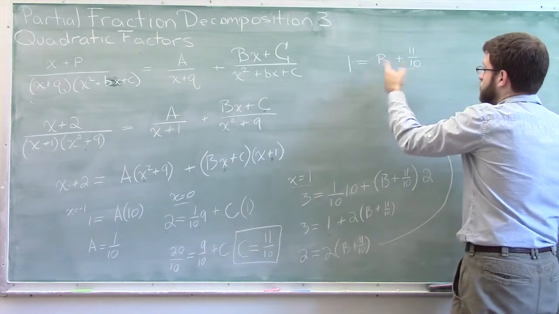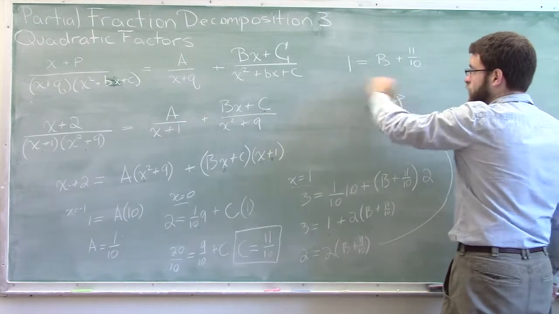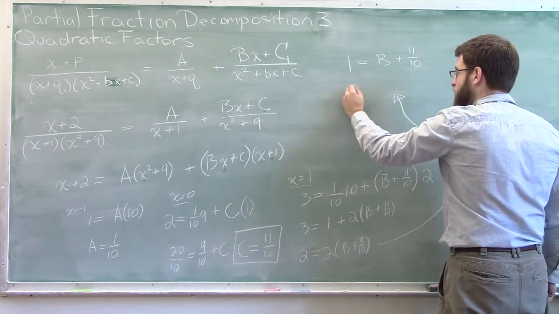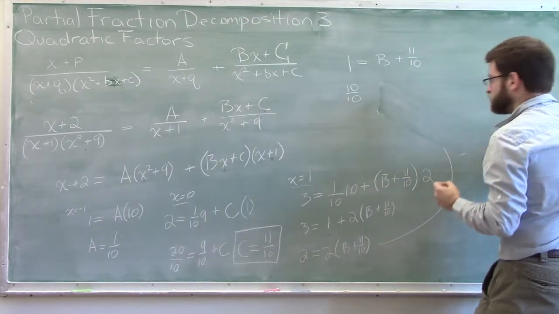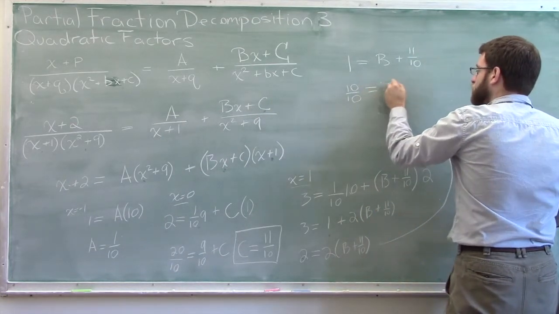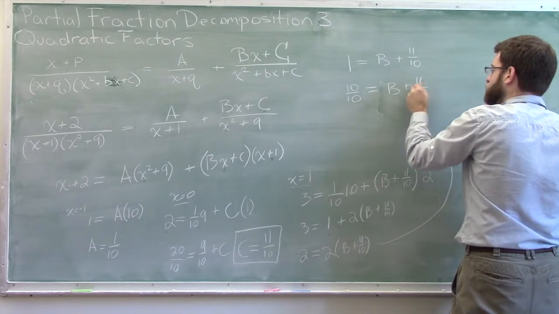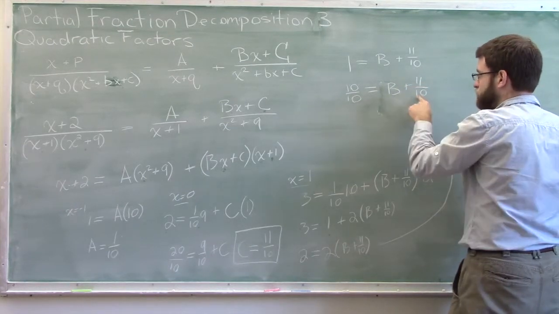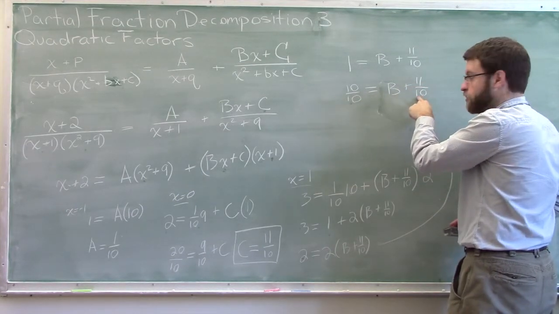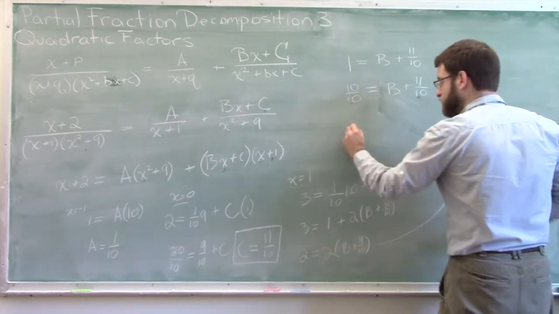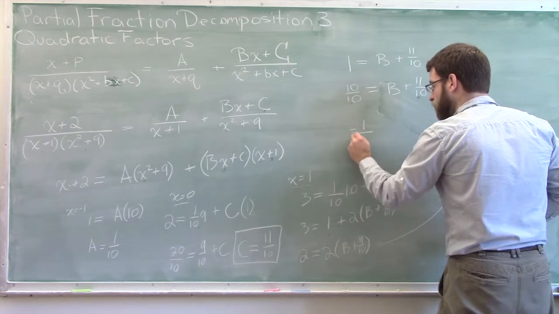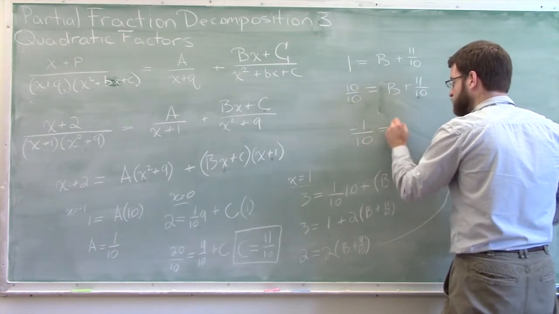And then let's subtract 11/10 from both sides, so we'll need a common denominator. So think of this as 10 over 10 is equal to b plus 11/10. So I want to subtract 11/10 from both sides. So I get 10/10 minus 11/10. I'll be left with minus 1/10 is equal to b.